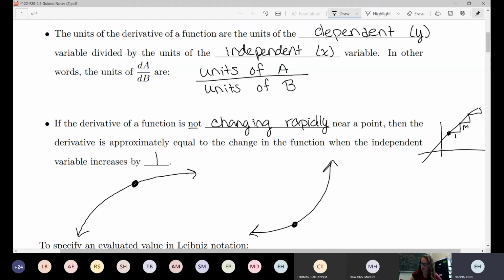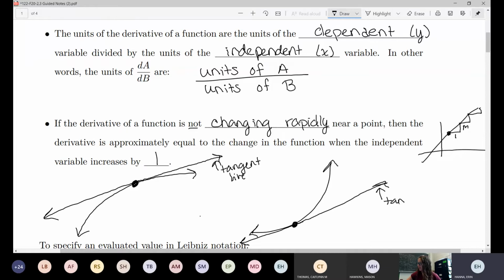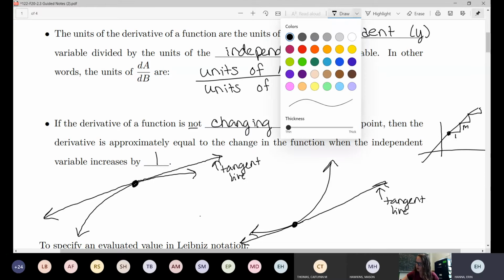If I were to draw my tangent lines to the best of my ability, the tangent line of that first one would look something like this, and then the tangent line of this one would look more like that. Let me label the tangent line to remind us which one is the function and which one is the tangent line, if you're looking back at this later.